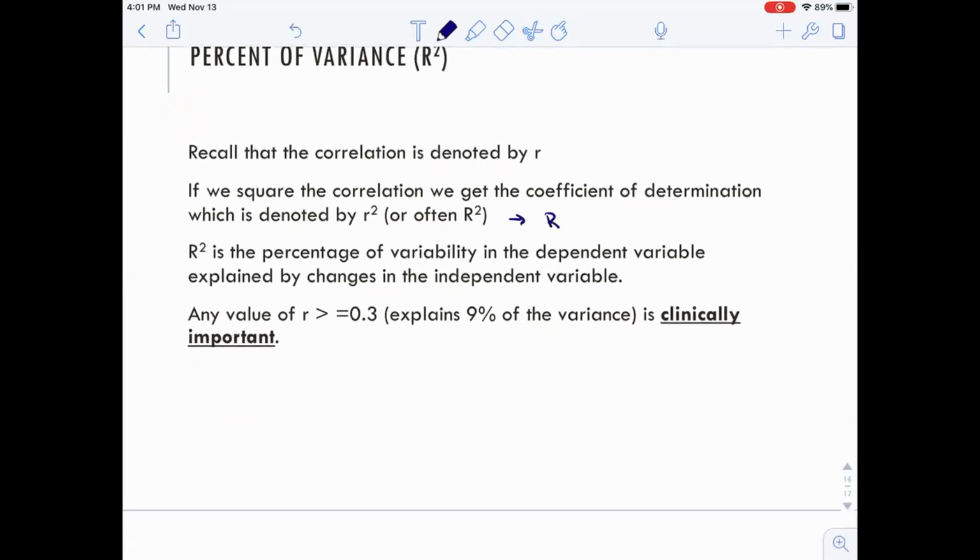I usually use a capital R². We could use a lowercase r², one of those rare instances where it doesn't matter. But R² is just the correlation squared.